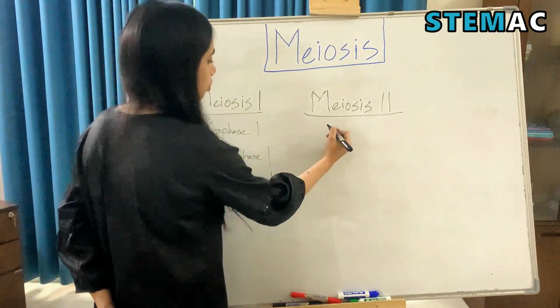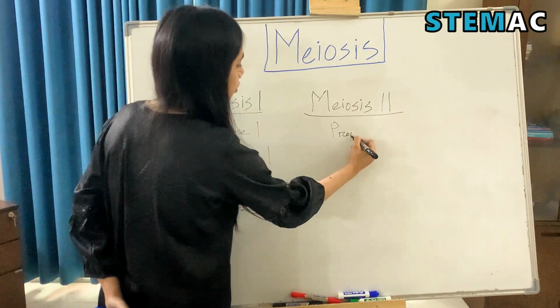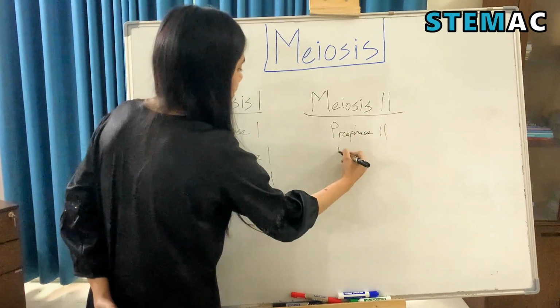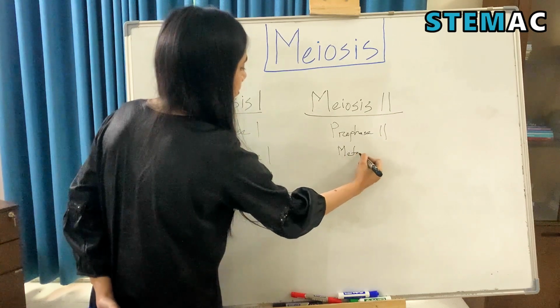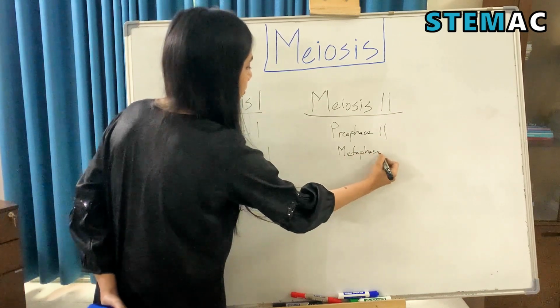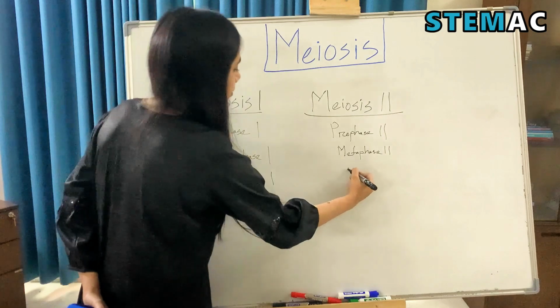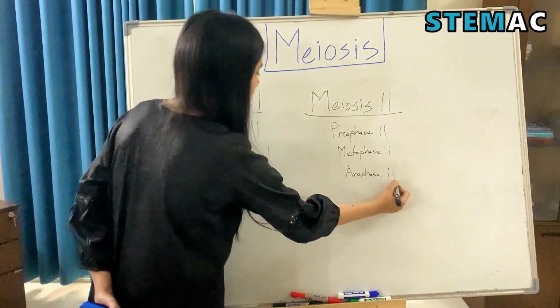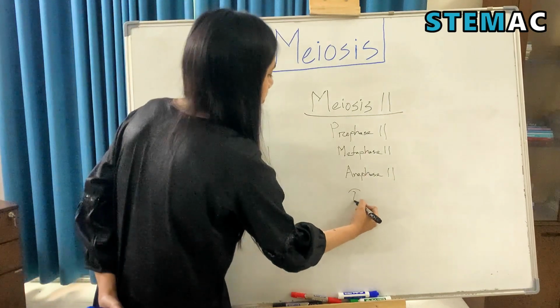Similarly, for meiosis 2 we have prophase 2, metaphase 2, anaphase 2, and telophase 2.